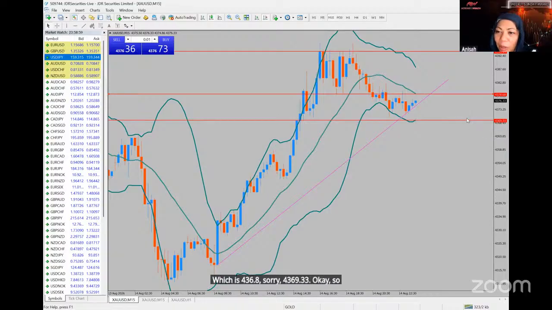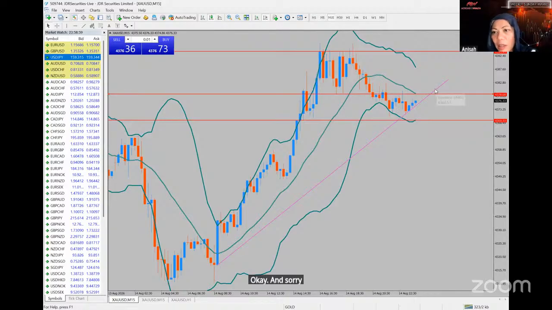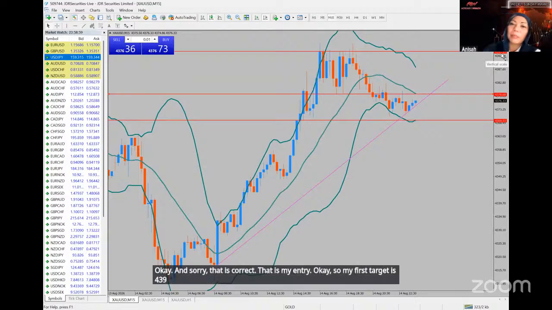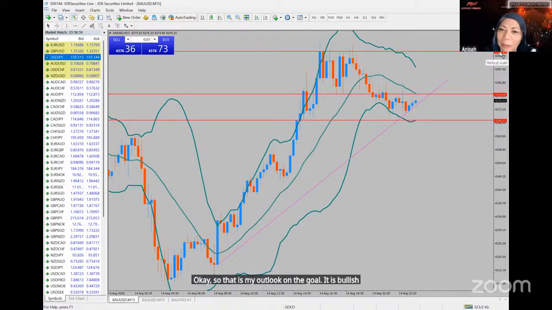So the bottom red line is my stop loss. The middle red line, 4378.68, is my entry. My first target is 4393.93. So that is my outlook on gold. It is bullish currently. We'll see.